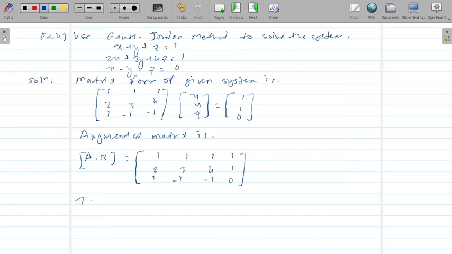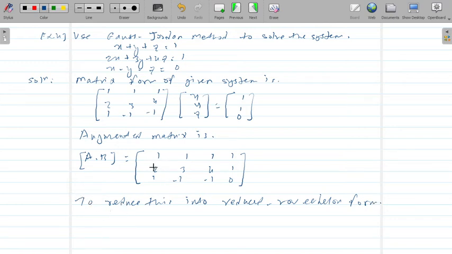Now this matrix is the augmented matrix. To reduce this matrix into which form? Because we are applying the Gauss-Jordan method, we have to reduce this into reduced row echelon form. We have seen when a matrix is said to be in reduced row echelon form.